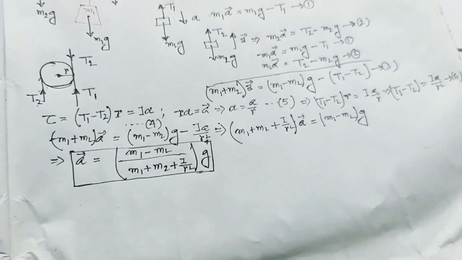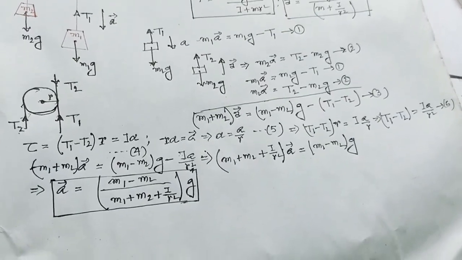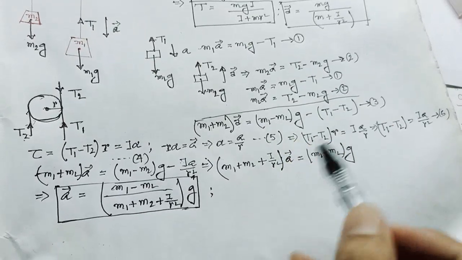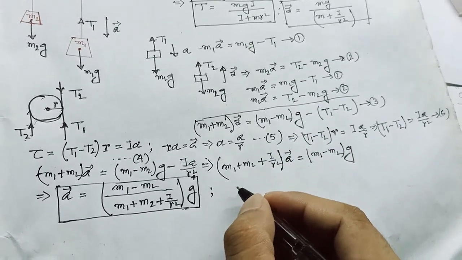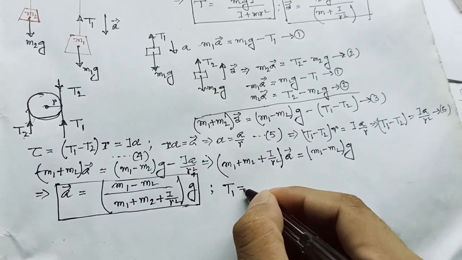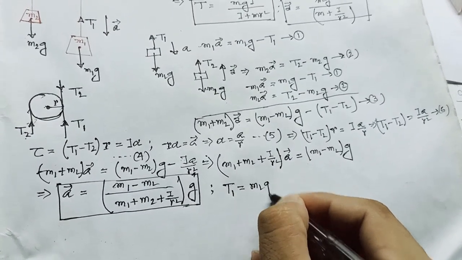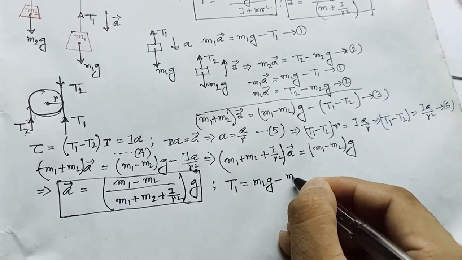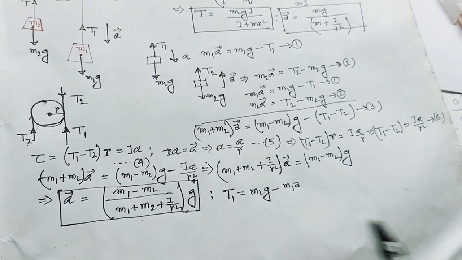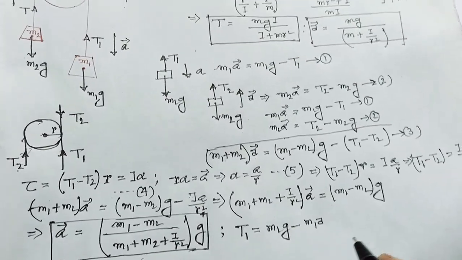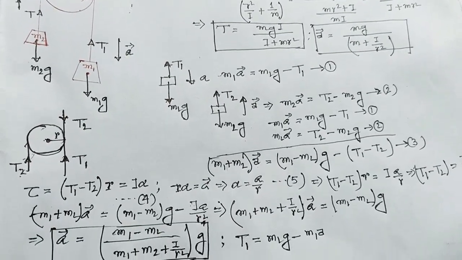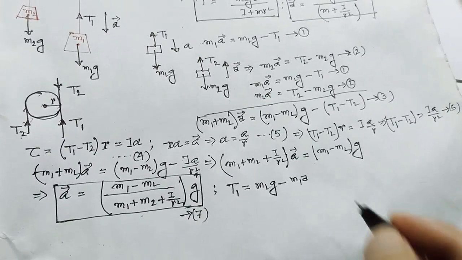Now we'll find the tension forces T1 and T2 separately. For that, we'll consider equation number 1. From it, T1 equals m1g minus m1a. Now we'll substitute the value of a from equation number 7 into equation number 1.